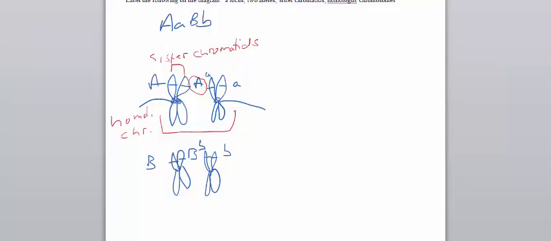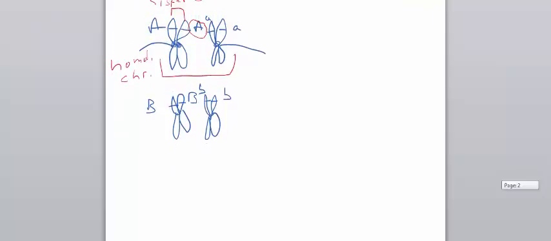And so when we have cell division, and so this is meiosis 1, you don't have to necessarily draw in the spindles, but there they are. The big B's are going to go to the left, big A is going to go to the left, little a is going to go to the right, little b is going to go to the right. What we'll end up with is both of these chromosomes, so it'll kind of split down the middle, and the big A and this whole chromosome and the other one will go to a cell.